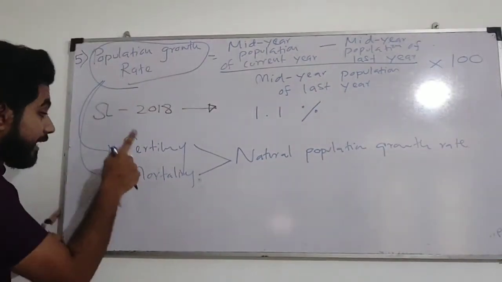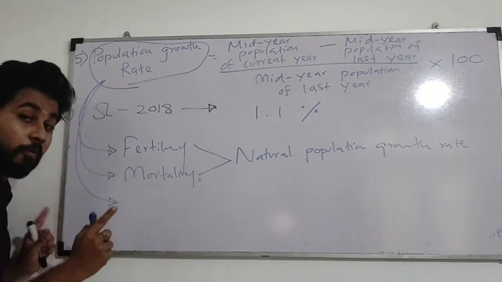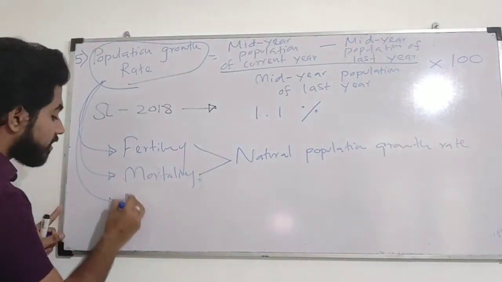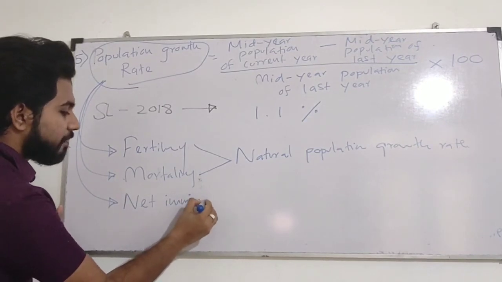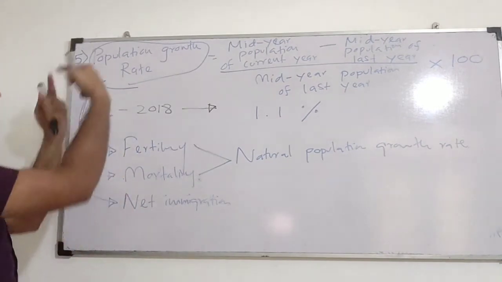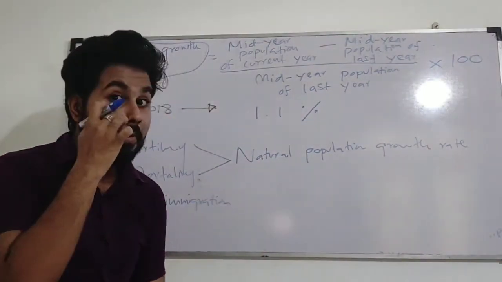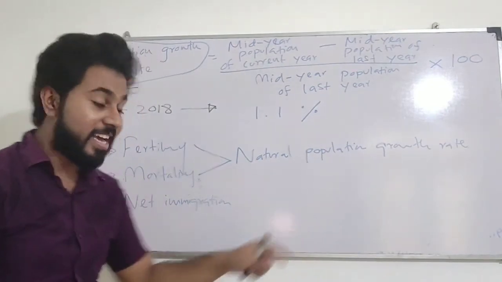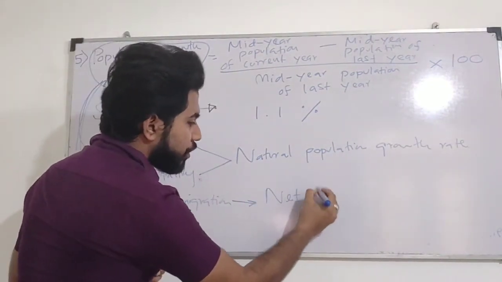Okay? In addition to fertility and mortality, population growth will happen as a result of the third factor, net immigration. But the net influence of the net immigration on population growth was not included in natural population growth. Okay, this was included in which ratio?